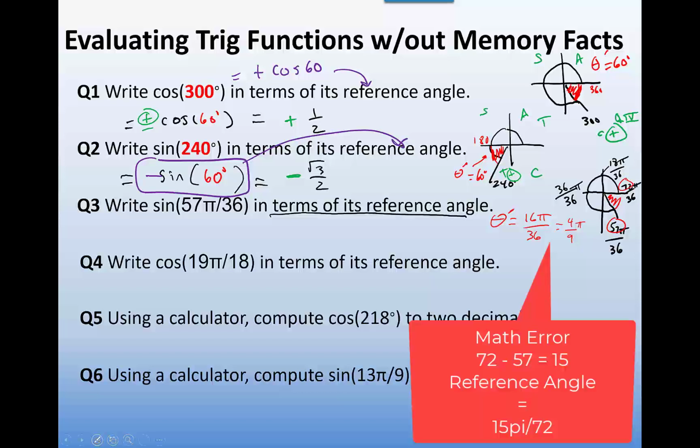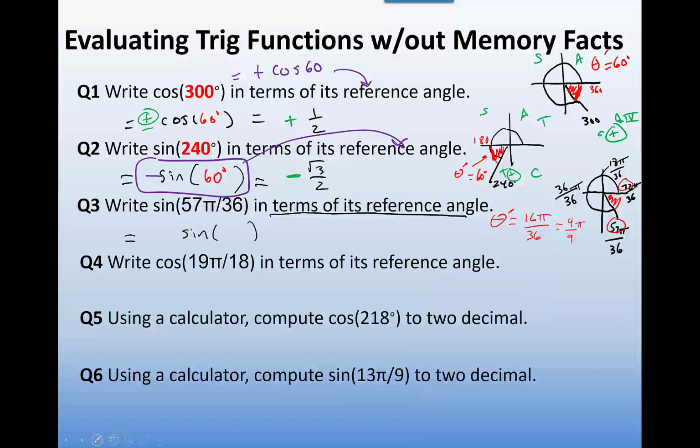Okay, so I can simplify this problem. It's going to become sine of 4 pi ninths. And I have to make a decision about the positive and negative.